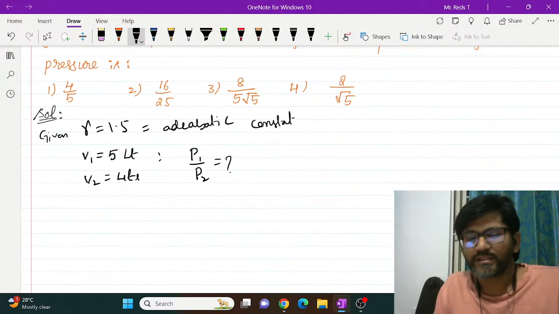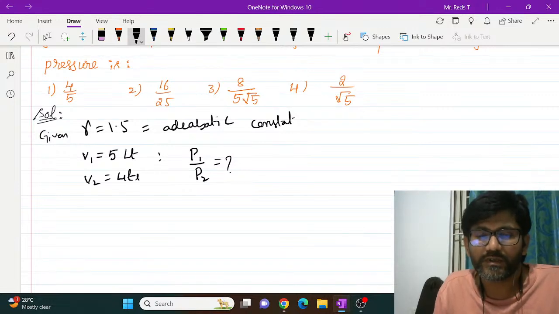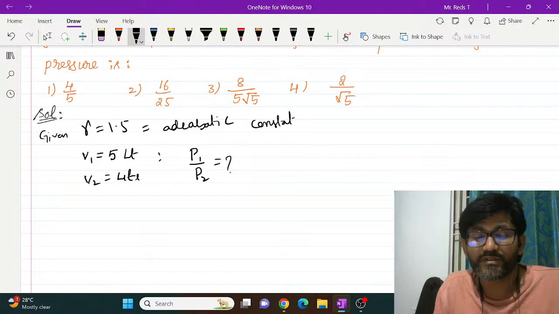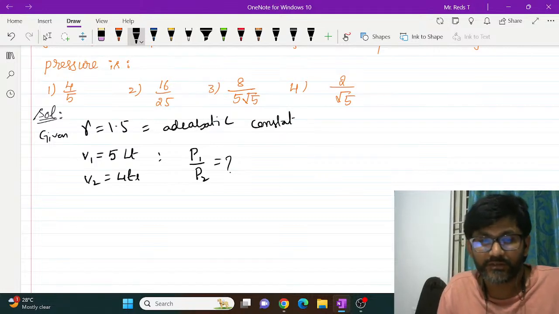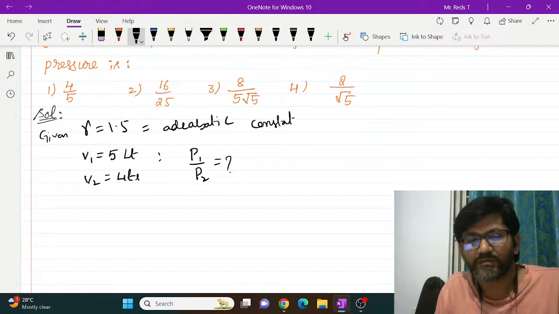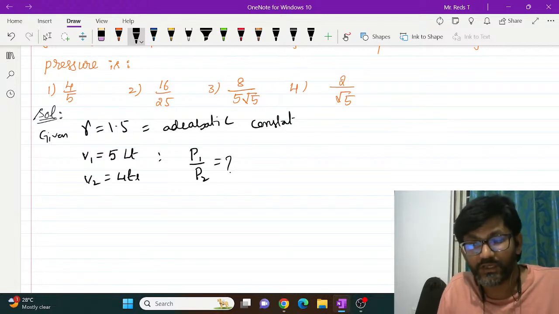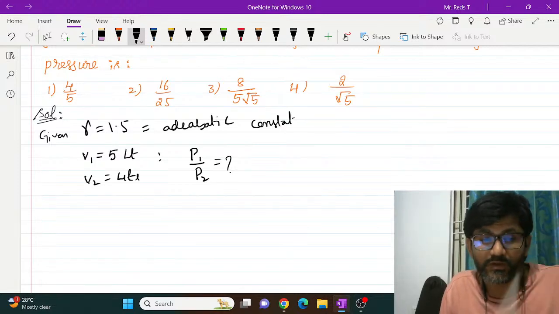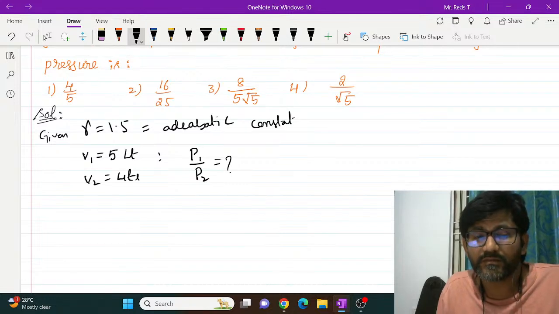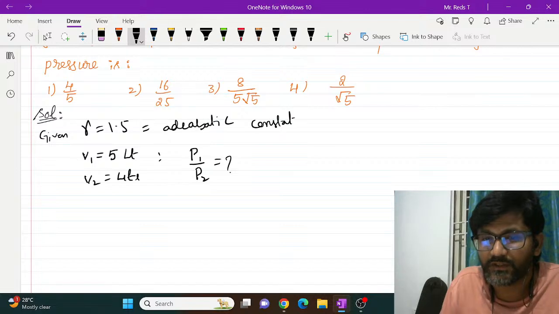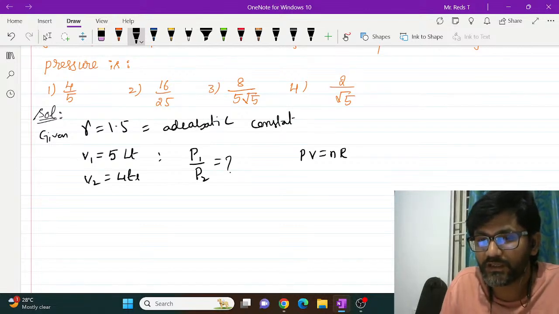What is the formula for adiabatic process in terms of pressure and volume? Especially for adiabatic process, you have different equations in terms of pressure and volume, in terms of temperature and volume, different formulas you are having. You have to remember all those. Ideal gas equation is PV equal to nRT, or mu RT in representation.